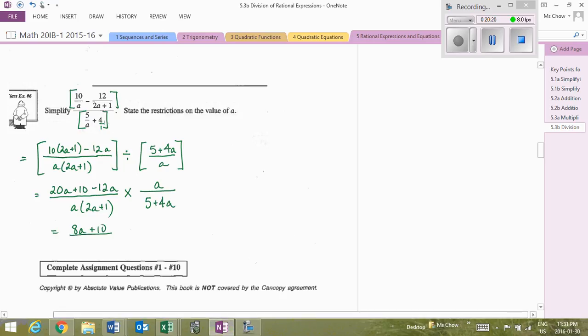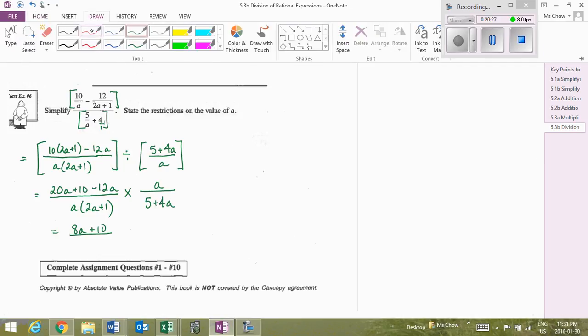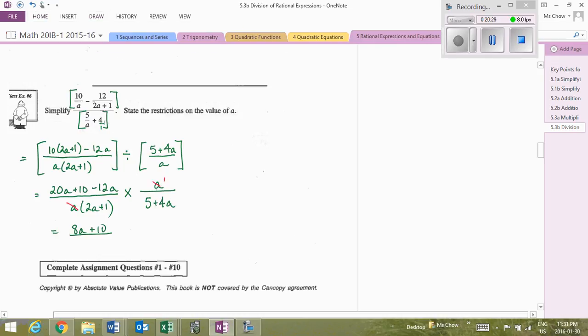10 over, and we can already see that those a's, because it's multiplication, will cancel out as 1 over 1, so I won't write that one again.